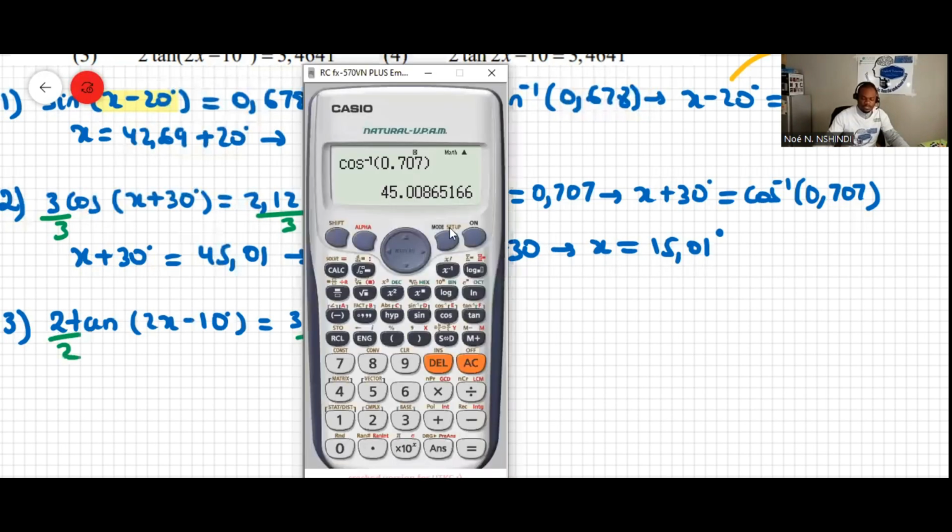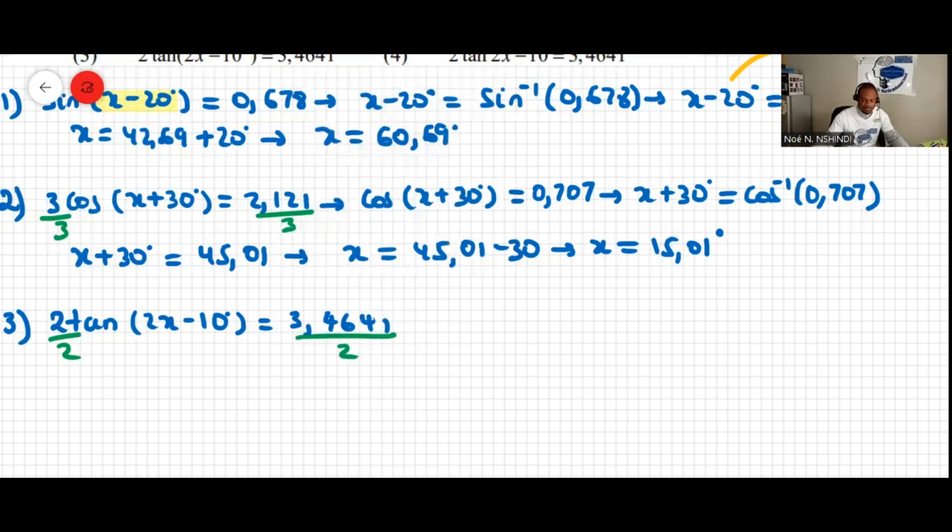So can you use a calculator? 3.4641 divided by 2 equals 1.73205. That means tan of (2x minus 10 degrees) equals 1.73205.